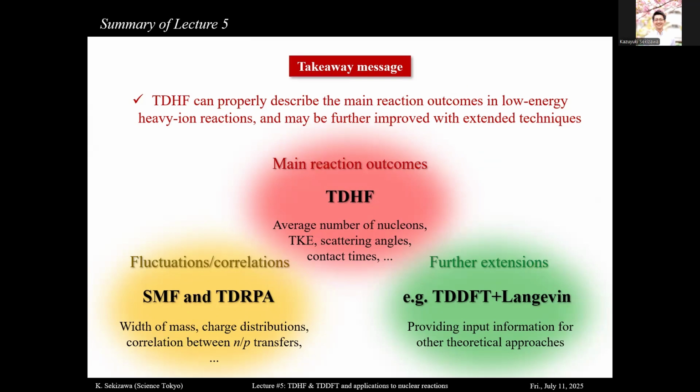So the time-dependent mean-field approach is a very powerful and useful framework to describe nuclear reaction dynamics and many other phenomena in a time-dependent and microscopic way. Okay, this is the summary. Thank you. This is the end of this lecture.